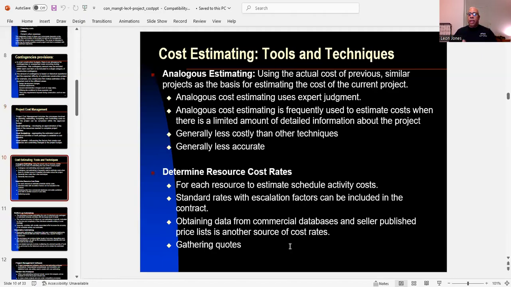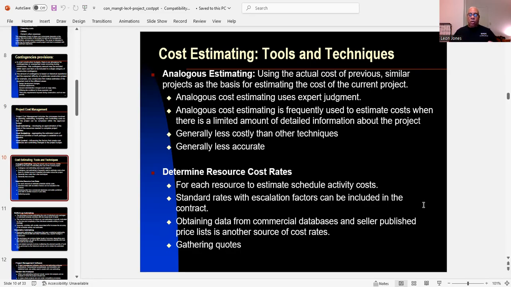Now, cost estimating, this is one that you see quite frequently, the tools and techniques. You have your analogous estimating, and that's basically using the actual cost of previous similar projects as the basis for estimating the cost of the current project. Analogous cost estimating uses expert judgment.